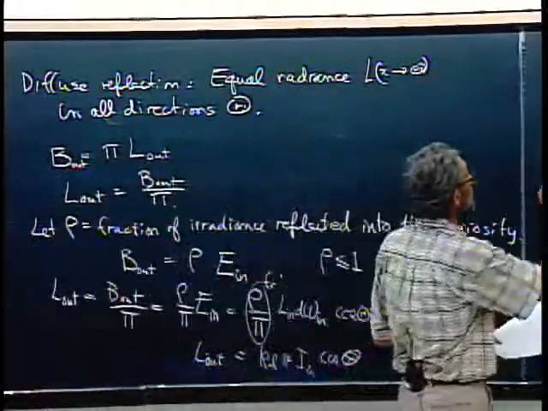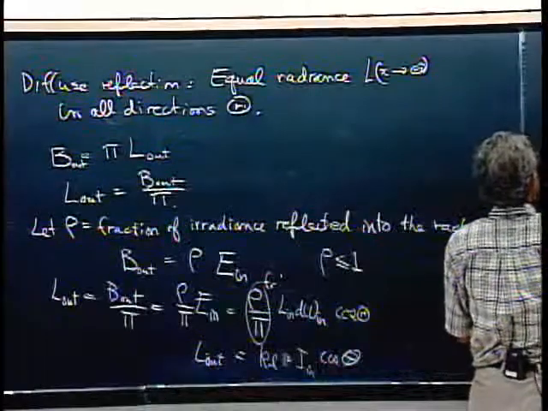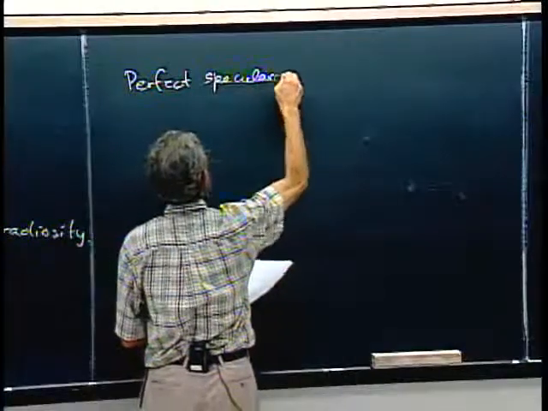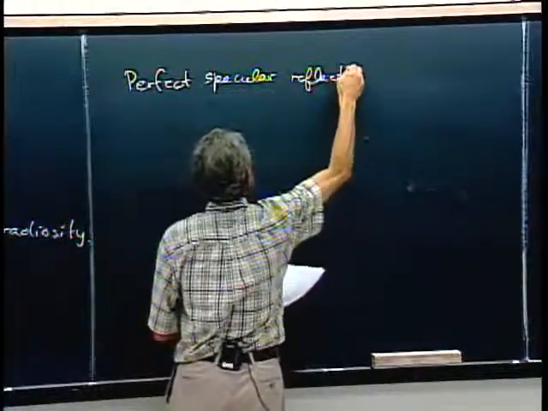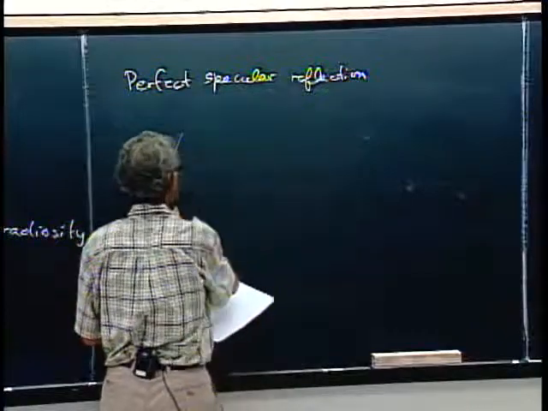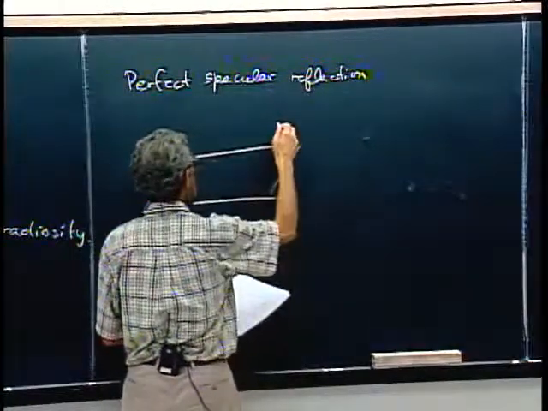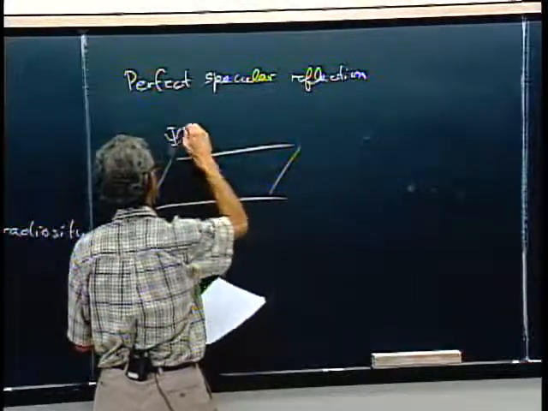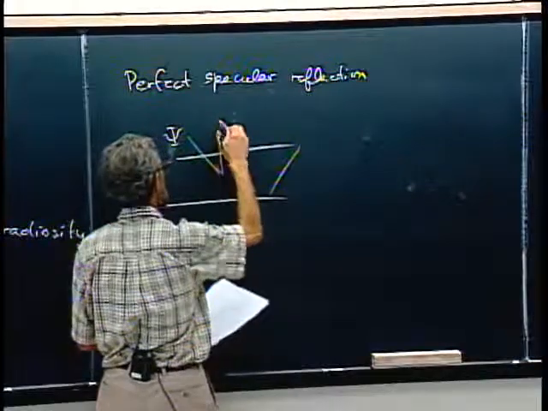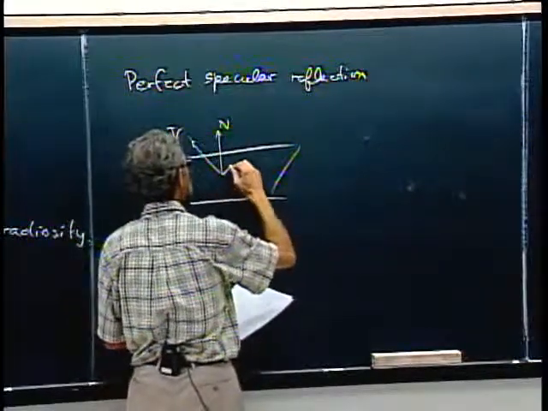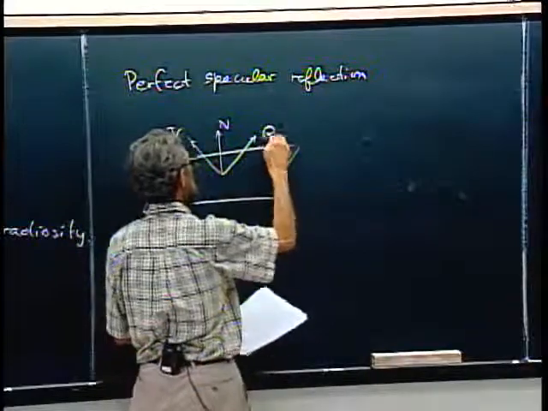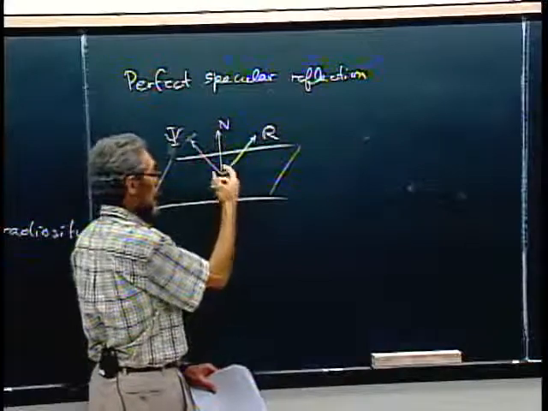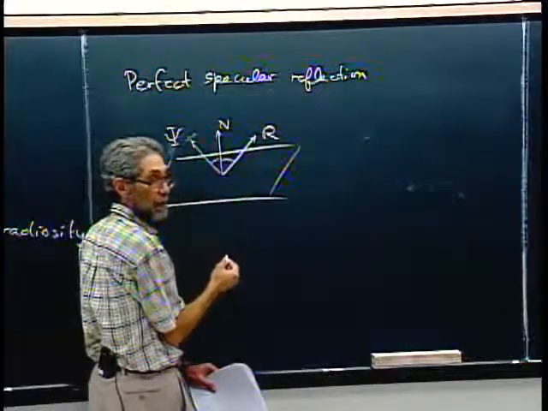Okay, so now I'll talk about perfect specular reflection. Here we have this surface, and light is coming in this direction from some point C. And here is our surface normal. The perfect reflection direction is in the same plane as C and N, and makes this angle equal to that angle.